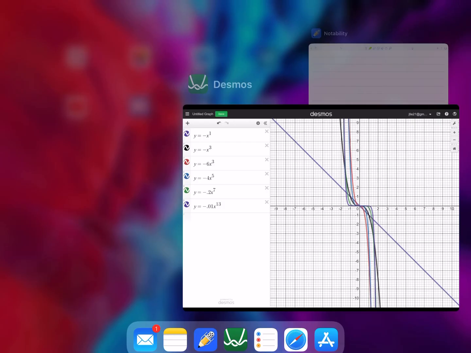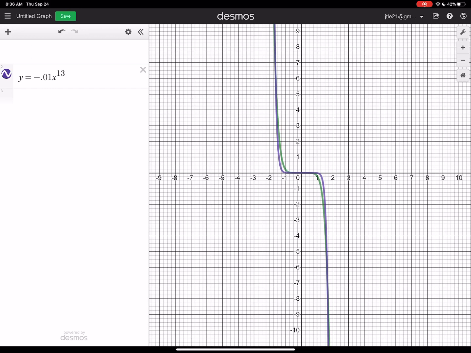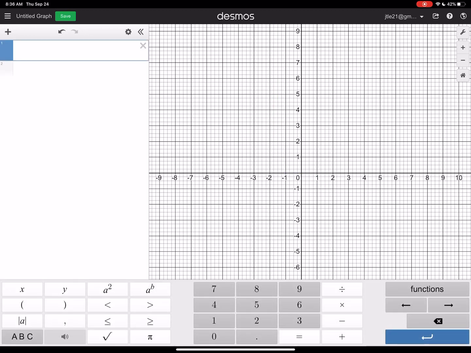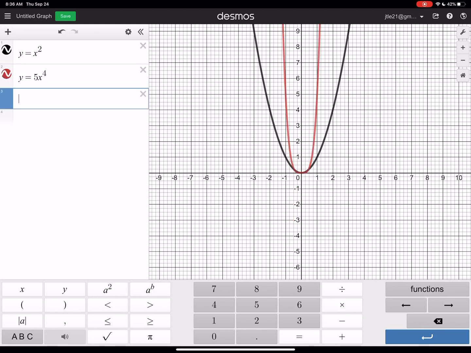Now, almost there. Now I'm going to take a look at all the even degrees. And that should be enough to tell you what's going to happen here. So all the even degrees, so y equals x squared, y equals 5x to the fourth. I'm just making up anything here. Y equals 2x to the sixth plus 3x minus 4.